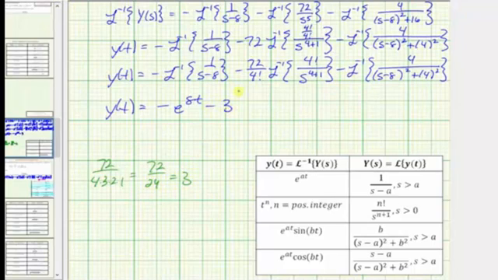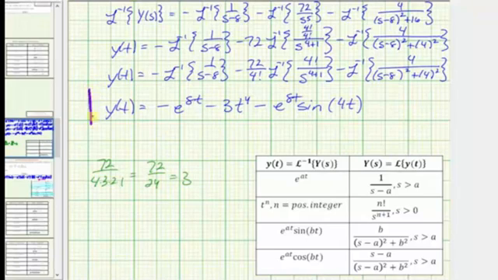So we have minus 3 times the inverse Laplace transform, where n equals 4, is t to the fourth, so minus 3t to the fourth, and then finally we have minus this inverse Laplace transform, where again a equals 8 and b equals 4, would be e raised to the power of 8t times sine of 4t.